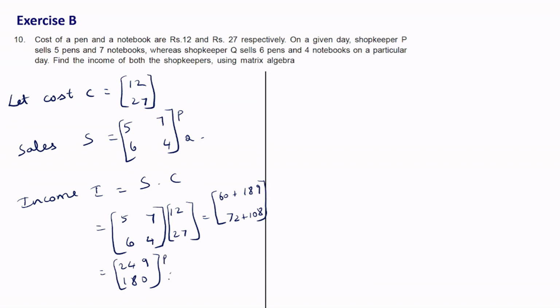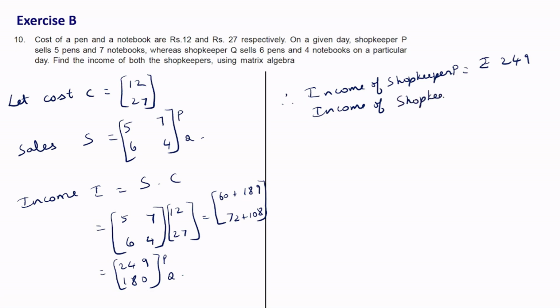So this is for shopkeeper P and this is for shopkeeper Q. Therefore, income of shopkeeper P is rupees 249 and income of shopkeeper Q is 180. So this is the income of shopkeeper P and this is the income of shopkeeper Q.